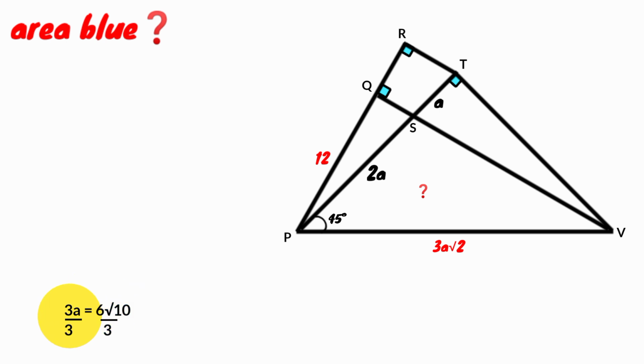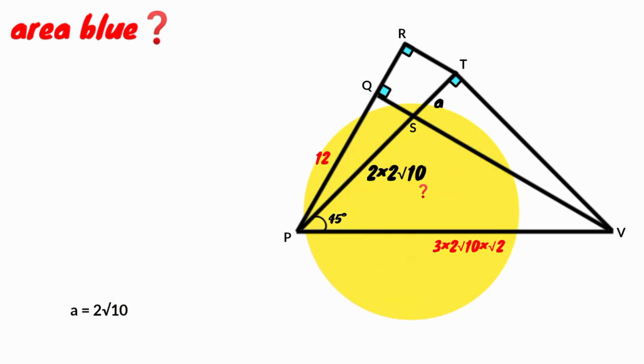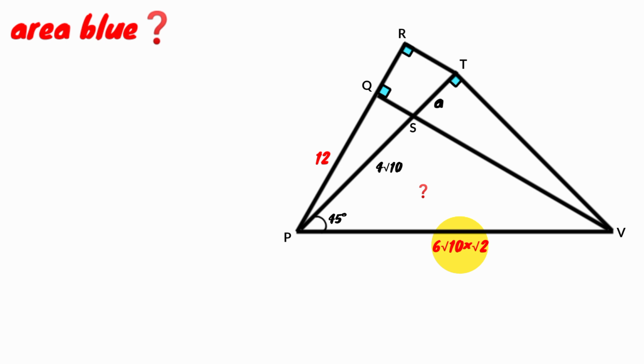Here 3 cancels 3, while here 6 root 10 over 3 is 2 root 10. So a equal to 2 root 10. Substitute it here. 2 times 2 root 10 is 4 root 10. And here 3 times 2 root 10 is 6 root 10. Let's leave the length at 6 root 10 times root 2.